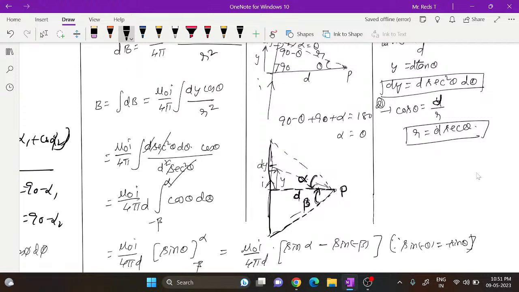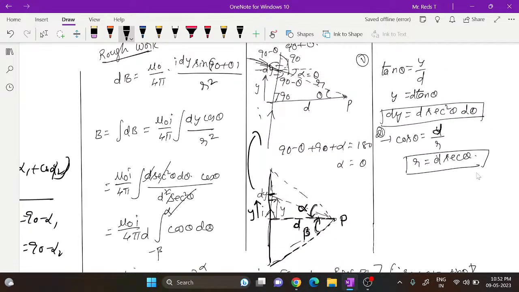Then consider a small element of length dy at a distance y. For understanding purpose, the same thing is redrawn here. This is a small element at a distance y.